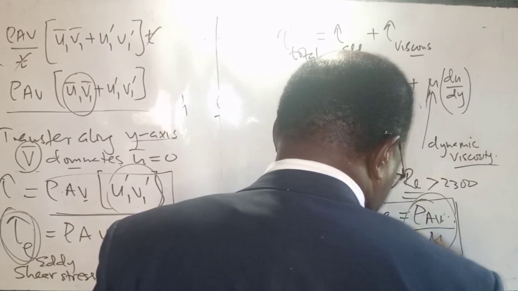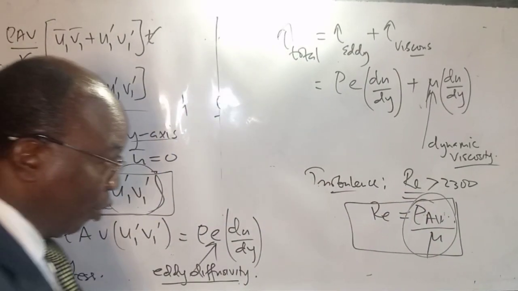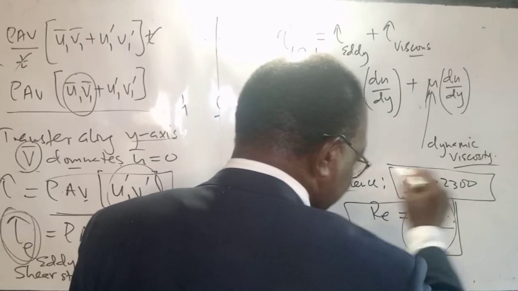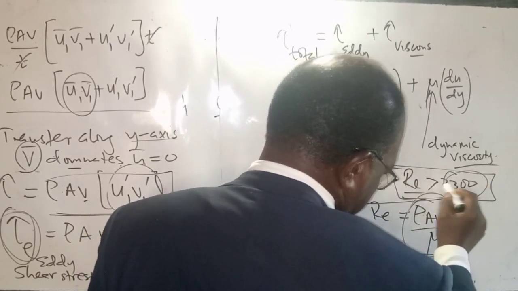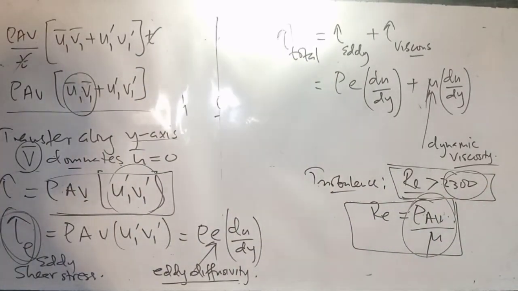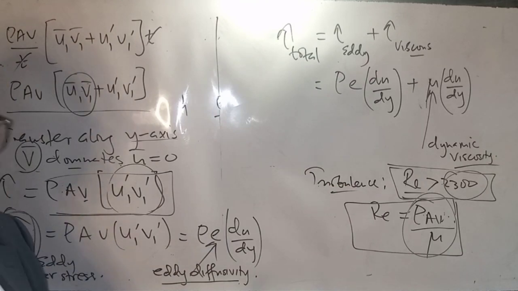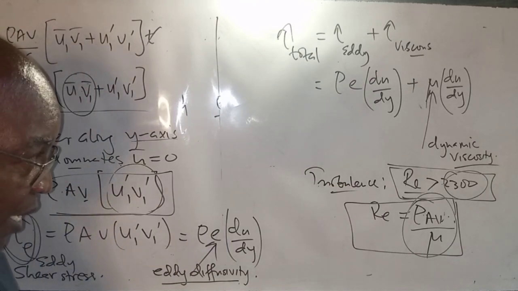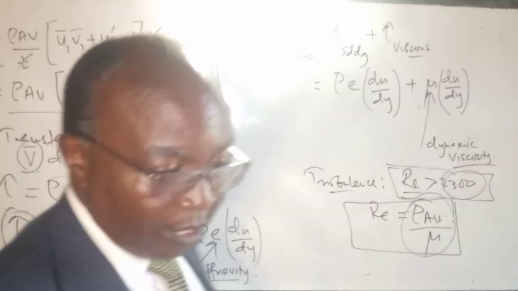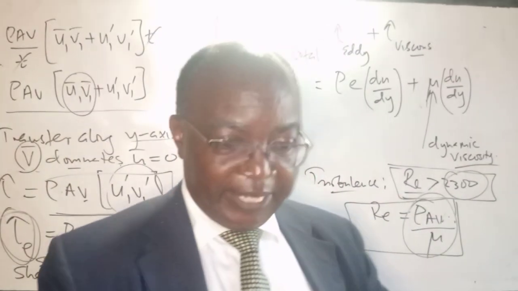So turbulence commences at about Reynolds number greater than 2300. When you're having fluid flow, like we had said, in pipes, you want to operate below 2300. And what's the origin of turbulence? We have spoken about that, the eddy currents.